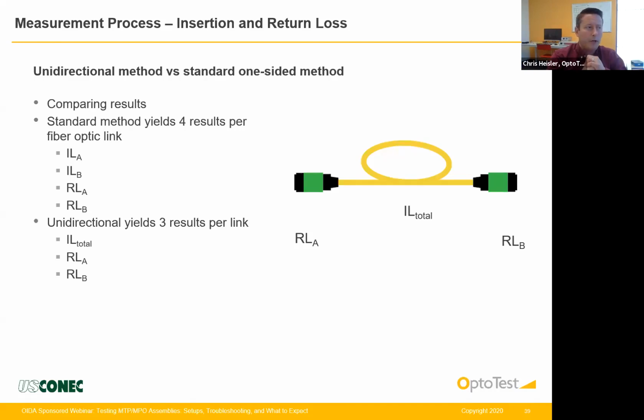If you test in the one-sided method short bend-insensitive multi-mode fiber assemblies, so let's say maybe 3 to 10 meters long, using a standard encircled flux compliant launch, you typically get overly optimistic results, which will be close to 0 dB when you're measuring.